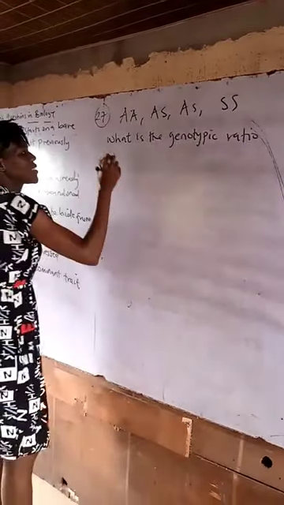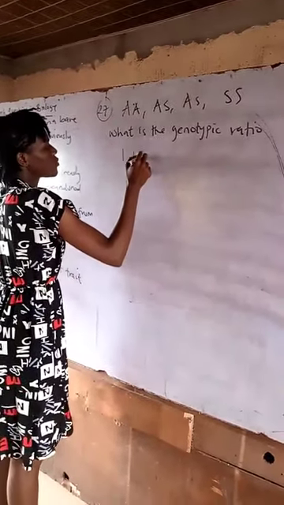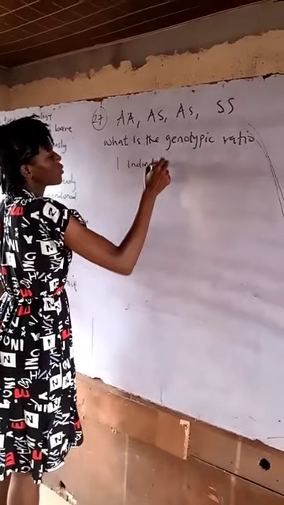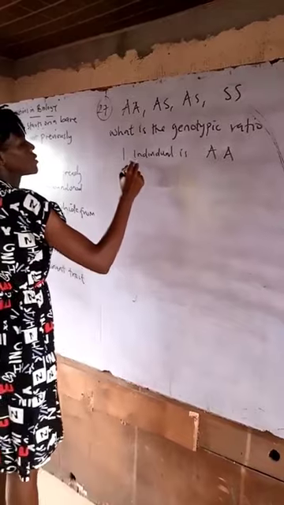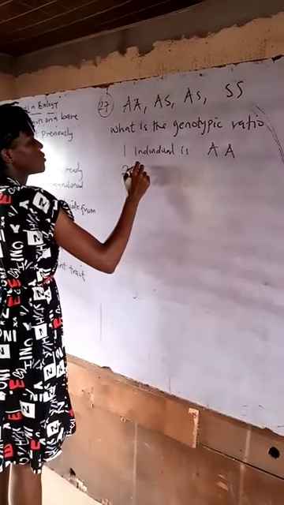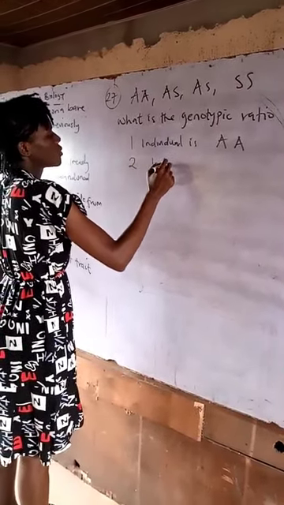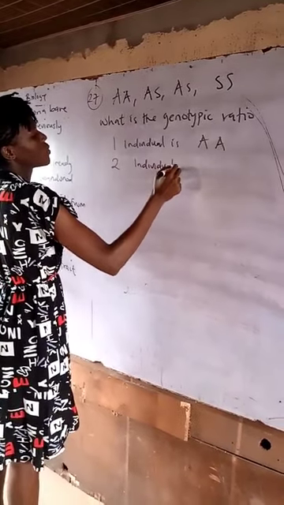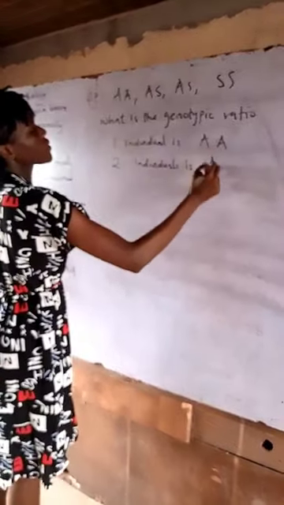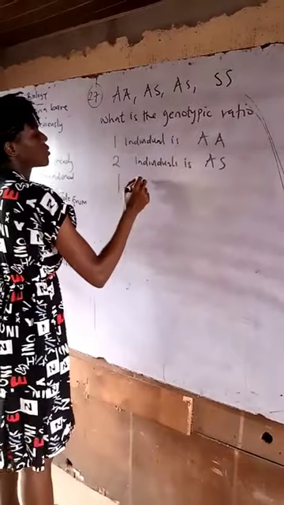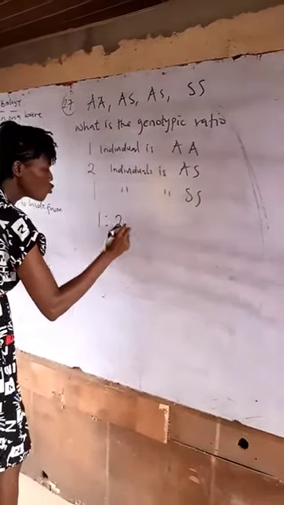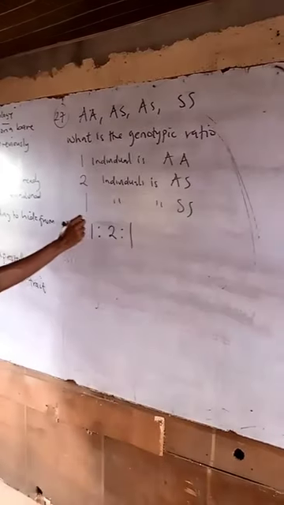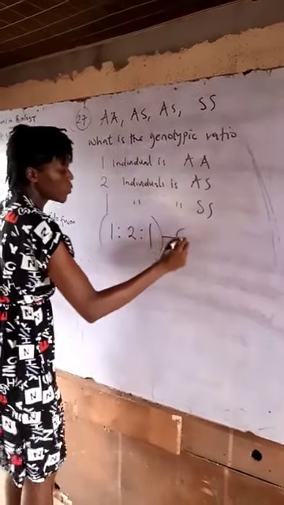One individual is what? AA, right? Two individuals is what? AS, right? And one is what? SS. So the ratio is what? 1 is to 2 is to 1. Please, this is the ratio. So this is genotypic what? Ratio.